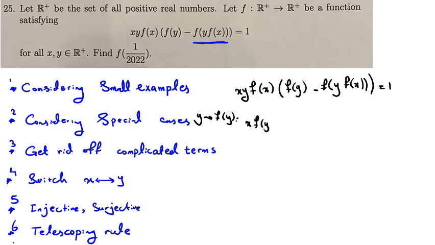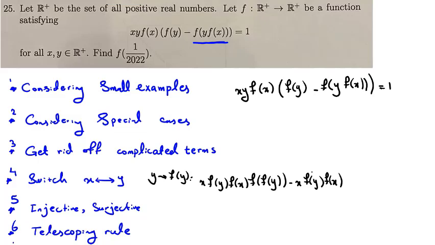x f of y, f of x times, let's expand. It will be what? f of y minus x f of y, f of x times, okay, now we have much space. x f of y, f of x minus f of y, f of x equal to 1.